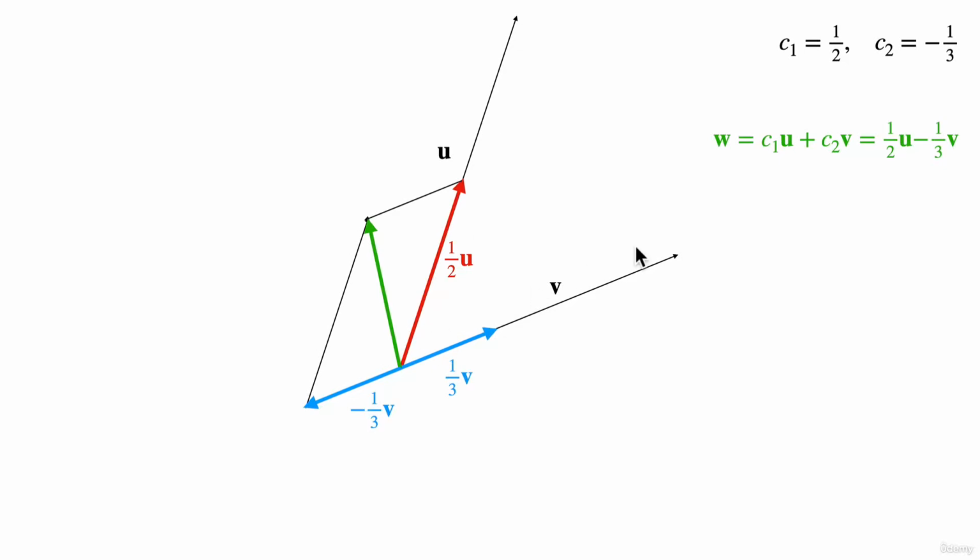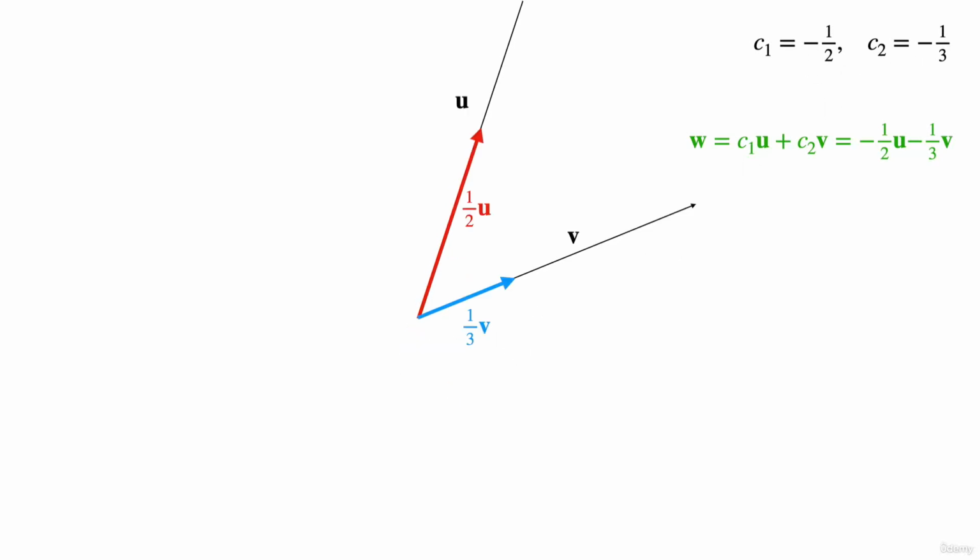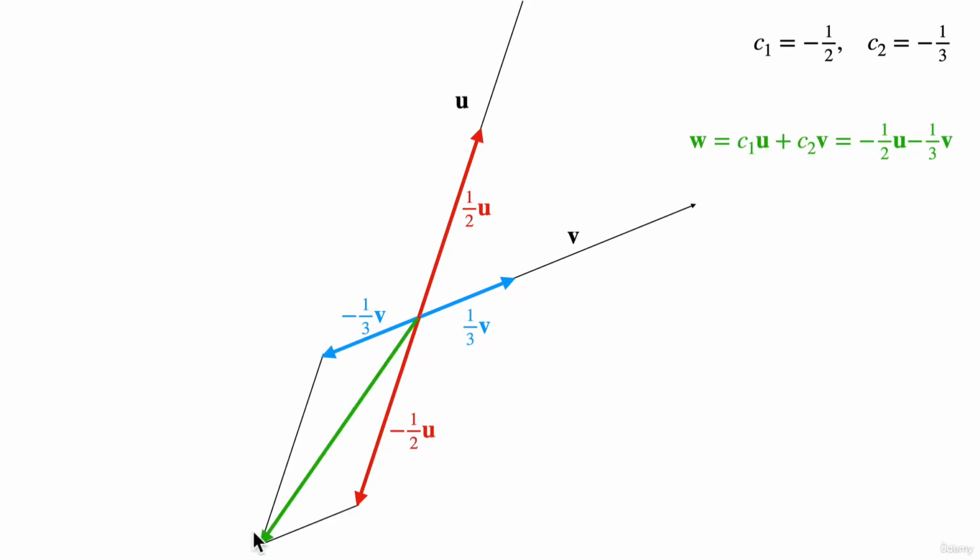And if we take another example, if we take both constants negative, then it's better to lift the entire situation. So we get minus 1/2 U, which is the opposite of 1/2 U, and minus 1/3 V, which is the opposite of plus 1/3 V. And again, closing the parallelogram gives us this resulting vector.